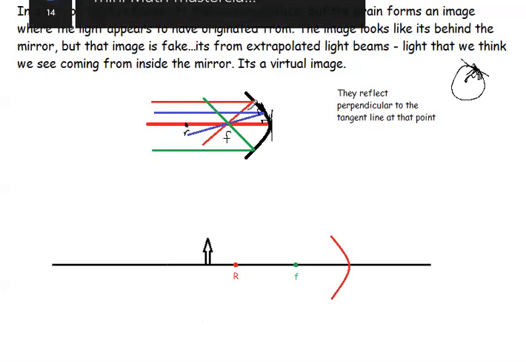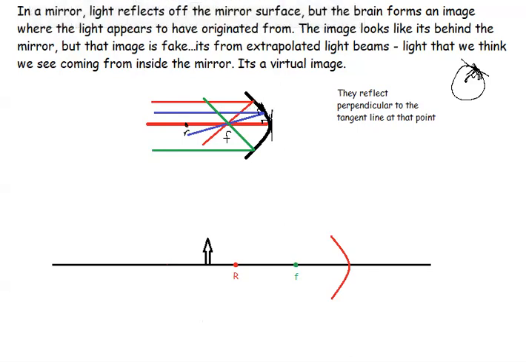Okay, so let's think about the steps of the ray tracing that we do for a concave mirror. Here we have our arrow, we have our focal point, we have our radius. The radius is twice the focal point. Doing these on the computer, they're not going to be quite as straight as I would like them to be, but maybe I'll try.